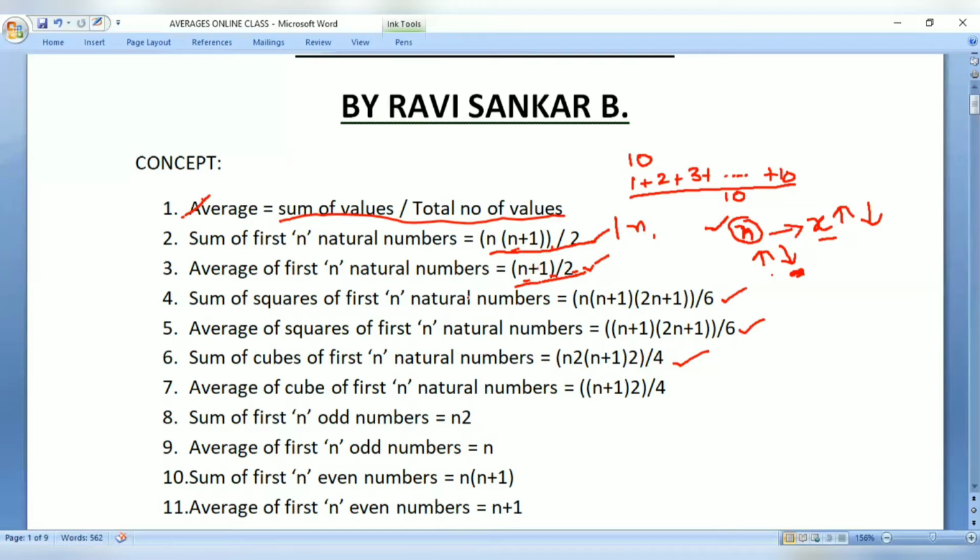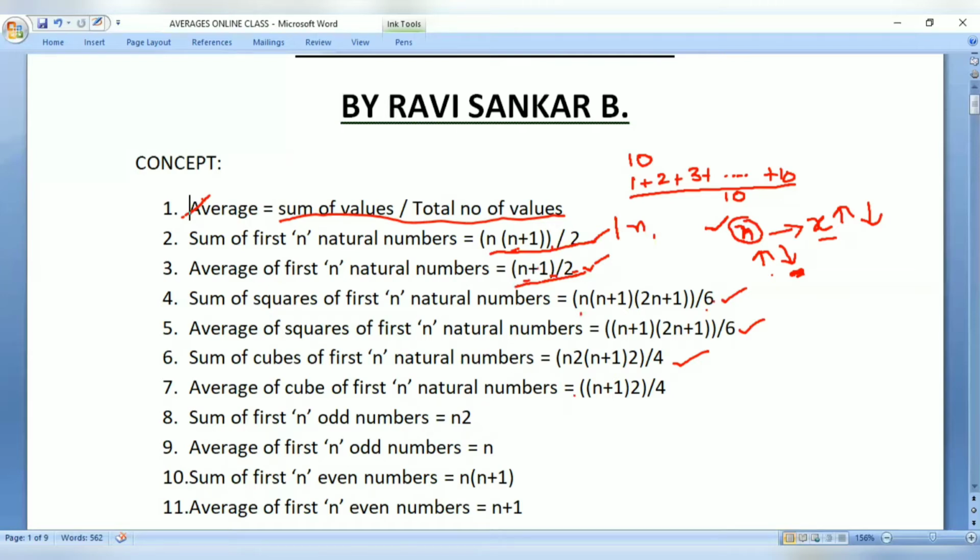Next, sum of squares of first n natural numbers: n into n plus 1 into 2n plus 1 whole by 6. If you calculate the average, n goes out, n plus 1 into 2n plus 1 by 6. Next, sum of cubes of n natural numbers: n square into n plus 1 whole square, whole divided by 4. If you take the average, one n gets cancelled, so n plus 1 whole square by 4 will remain.